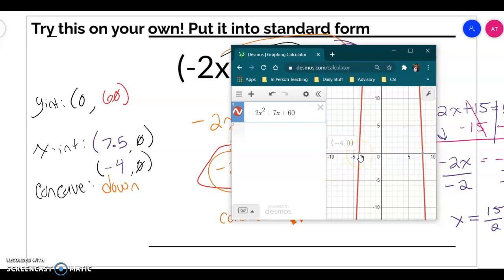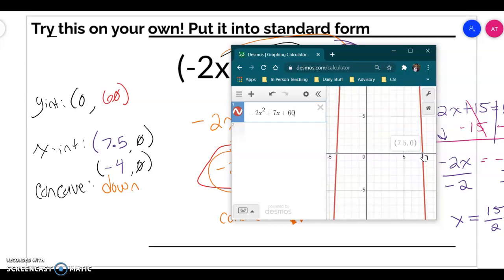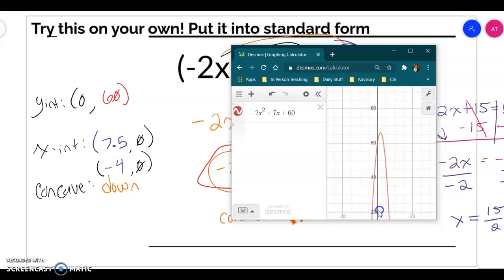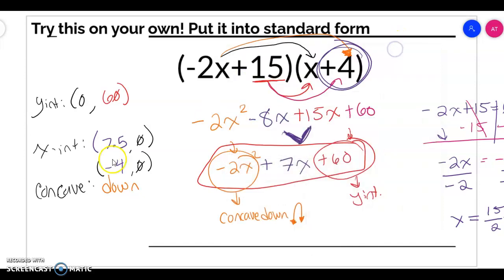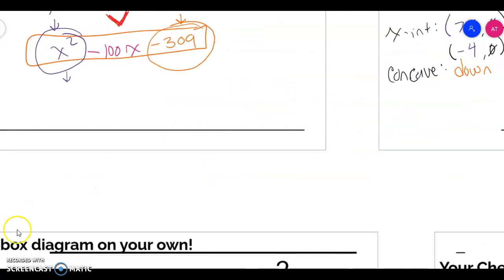I have a negative 4, so that checks out. And then I have, yep, a positive 7.5 on the other side of my parabola. And all the way up here, my y-intercept is 60, and it concaves down. So I know I'm doing it right.